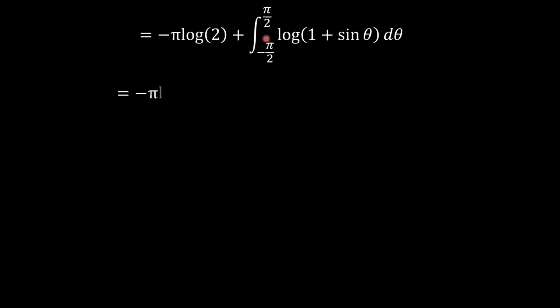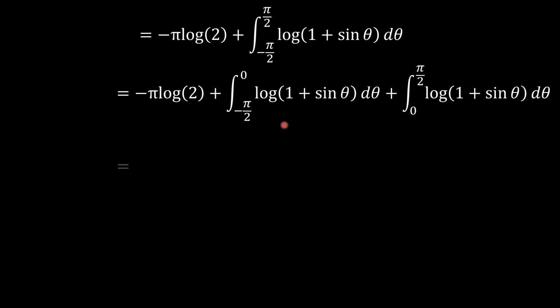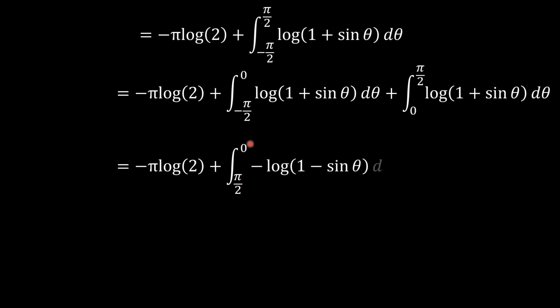We can now split this integral into the integral from negative pi over 2 to 0, and then from 0 to pi over 2, right? That's allowed. And so we have negative pi times log 2, and we have the integral from negative pi over 2 to 0.